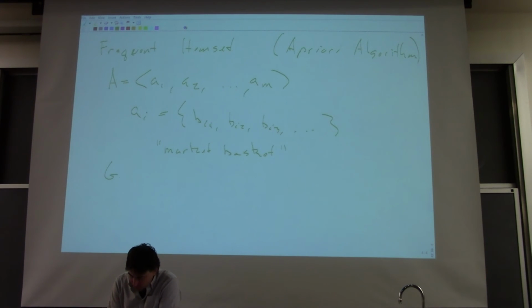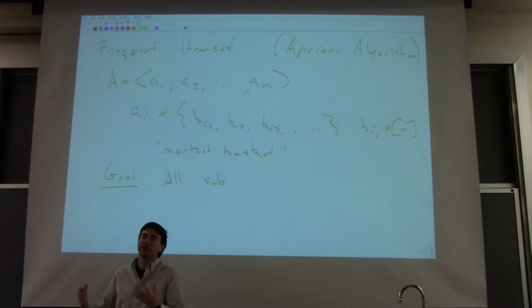Okay, so the goal is to find, and so then we'll say all of these B_i's each occur from our universe. So now this is the set of all items in the grocery store, right?